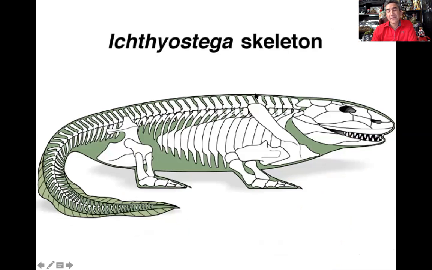Ichthyostega is a well-known fossil transitional organism, and we start to see that more stout thoracic chamber. We start to see more bone structure to support mass, a heavier skull, and again legs, and it's just a transition from the aquatic world to the terrestrial world.